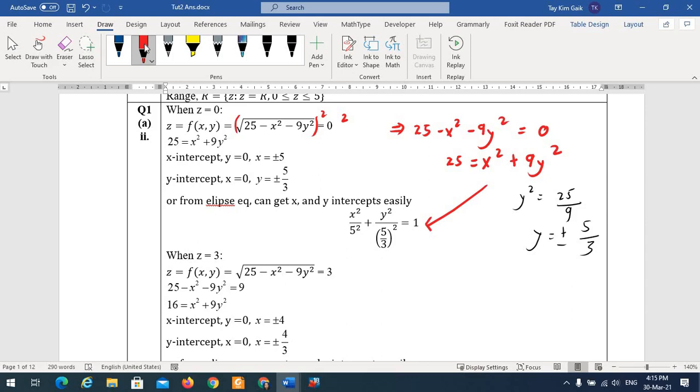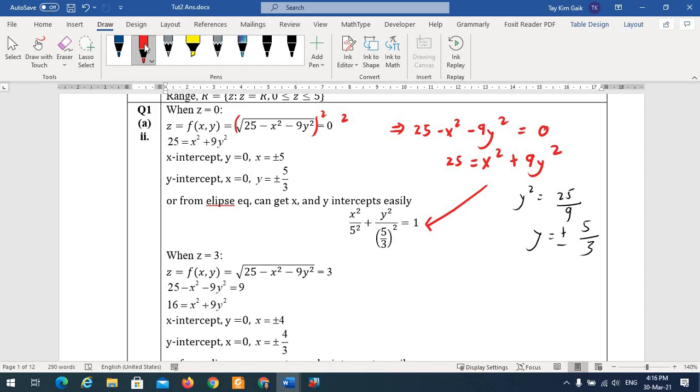If you change to this form, you can easily notice the x-intercept for your ellipse is actually positive negative 5. The y-intercept is positive negative 5 over 3.